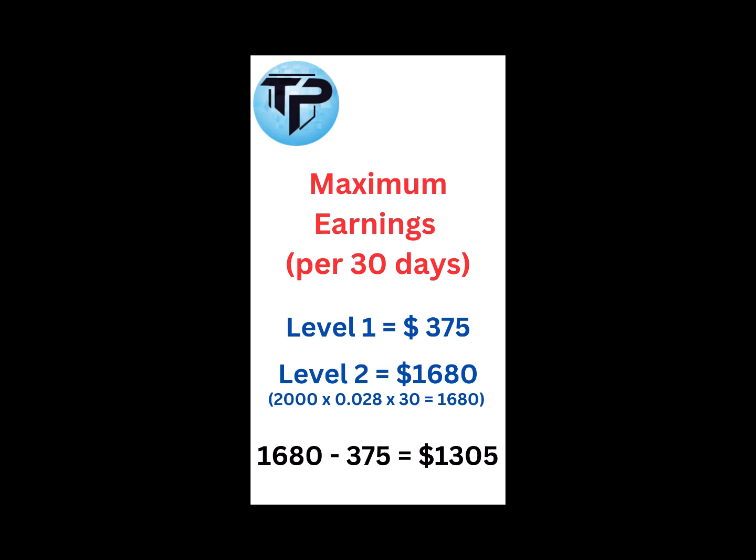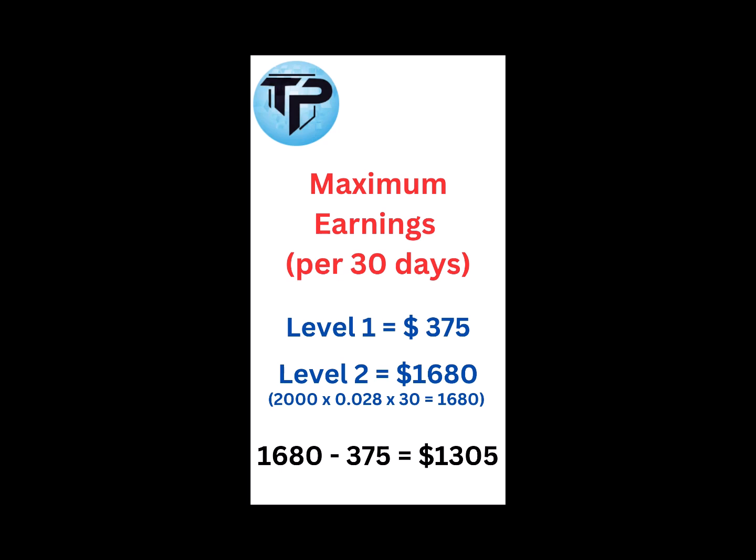Now, the difference between level 1 and level 2, like I said, at the top of level 1, you're earning $375 a month every 30 days. At the top of level 2, you're playing with a lot more money, so the maximum you can make there is $1,680.